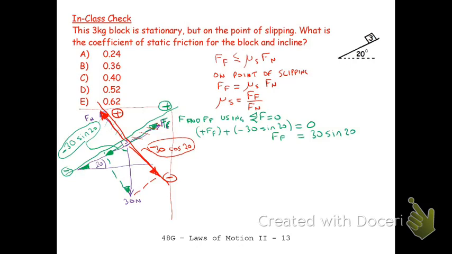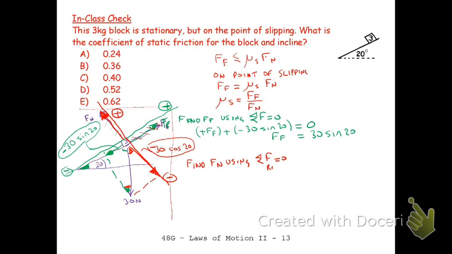Let's pause for a minute. Let's look at this trig. If this down here is 20, I know that that up there is 20. I have one side of it, I want the other side of it, it's a cosine of that angle. I say find Fn using the sum of the forces equals 0.